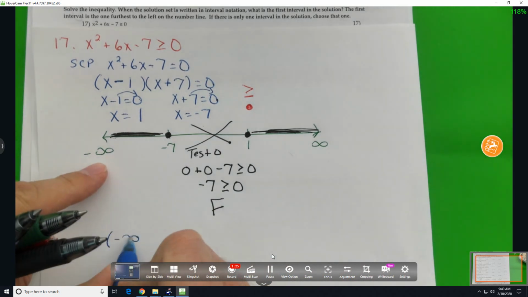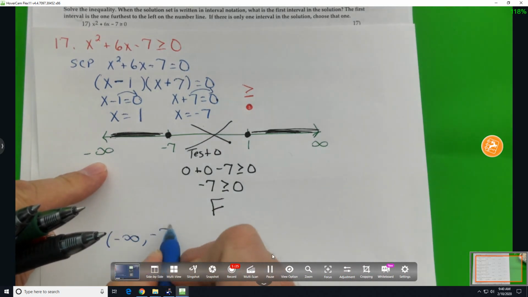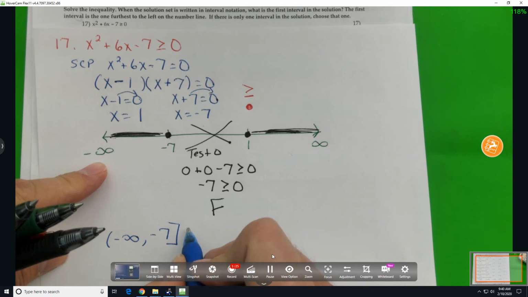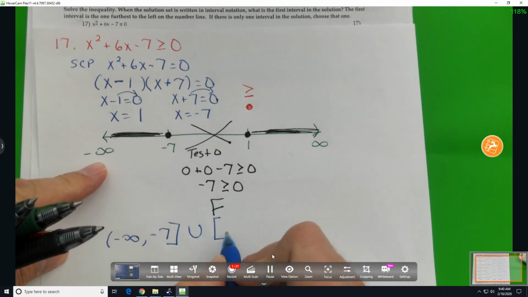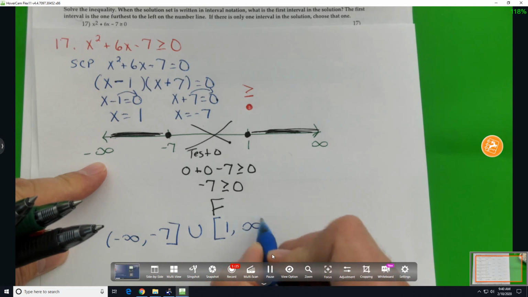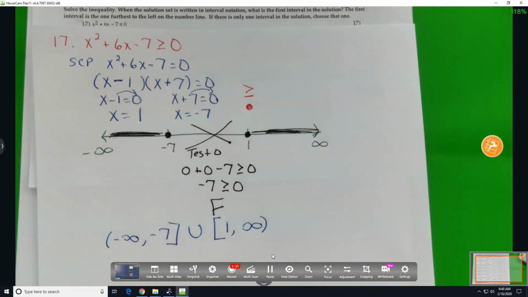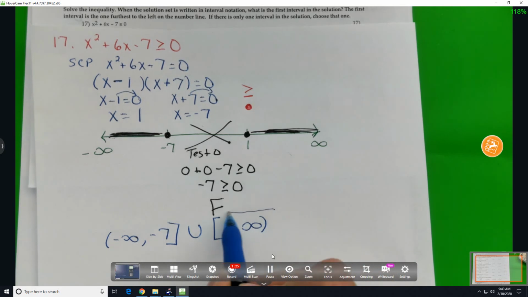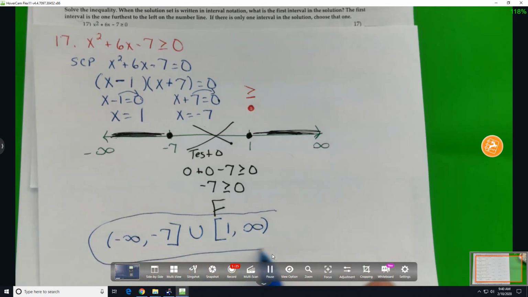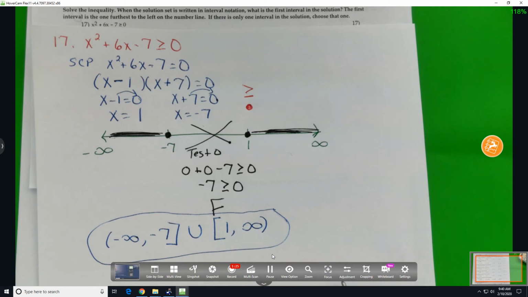Parentheses, negative infinity, comma, negative 7, square bracket, union, bracket, 1 comma infinity. And this is what you would type in when doing these on your homework.